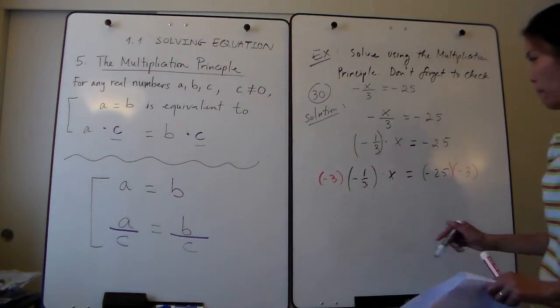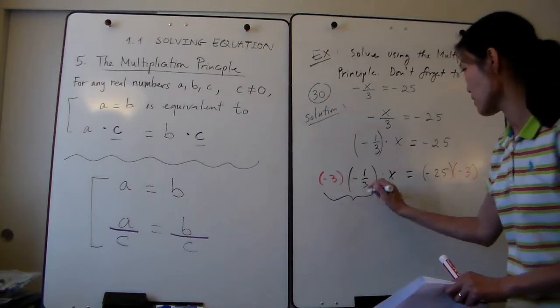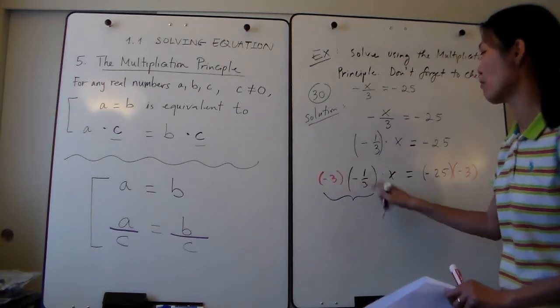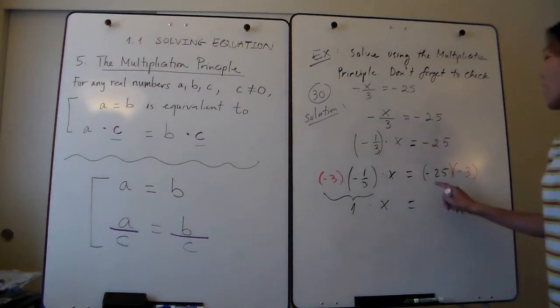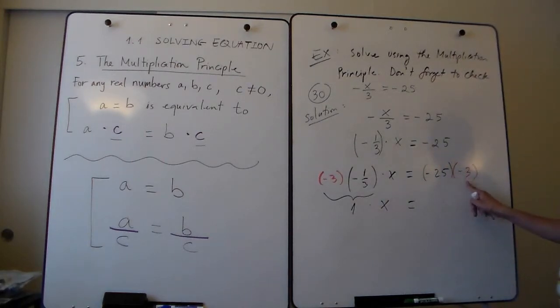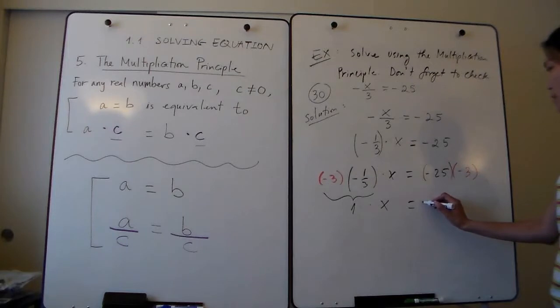Now let's simplify. Negative 3 times negative 1/3 is 1, times x, equal to negative 25 times negative 3, which is positive something.